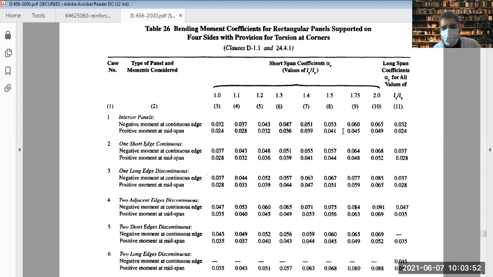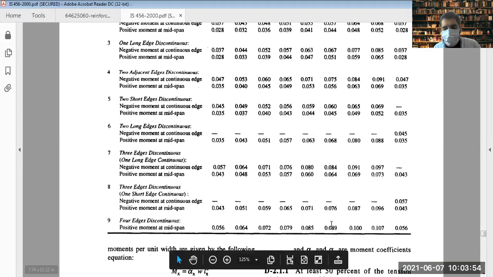For 1.5, with four edges discontinuous, there is only positive moment at the midspan.